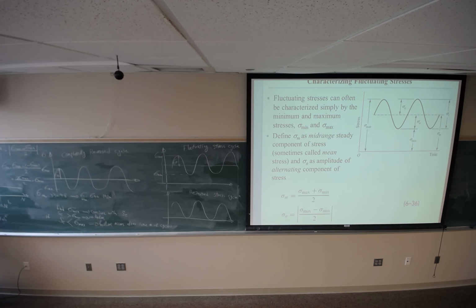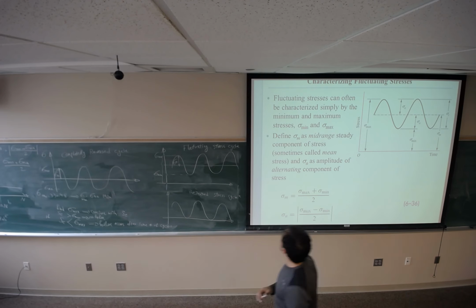Okay. So the second term that I would like to define is the mid-range or mean stress component. It is defined as sigma max plus sigma min divided by 2. It just represents the meaning of the mean, so you should just find the mean of the stress values.